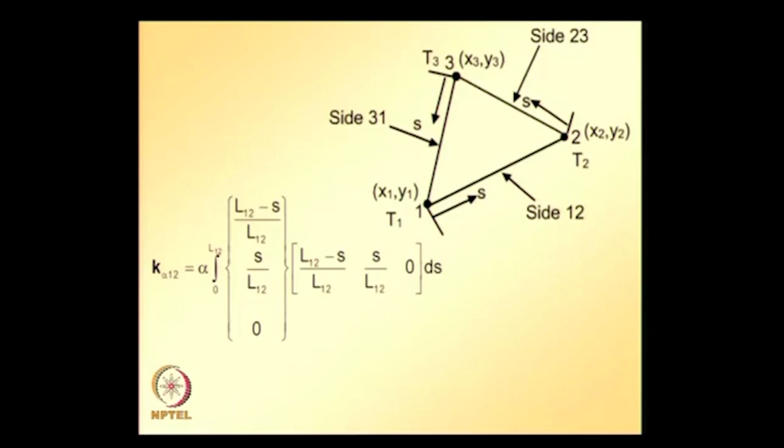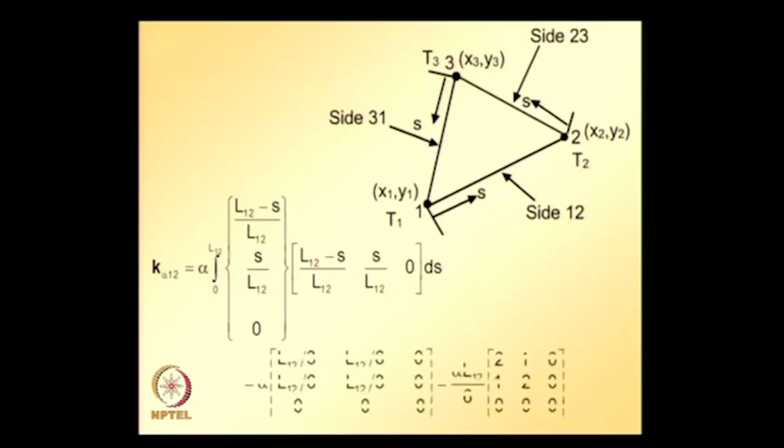For illustration, K alpha evaluated along side 1 2 is given here, details are given here. The shape functions of nodes 1 and 2 can be obtained using the one dimensional Lagrange interpolation formula, and simplification of this leads to this. Similar integrations can be carried out along the other 2 edges.